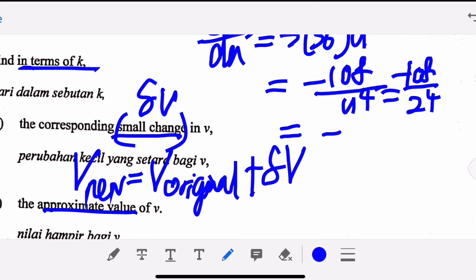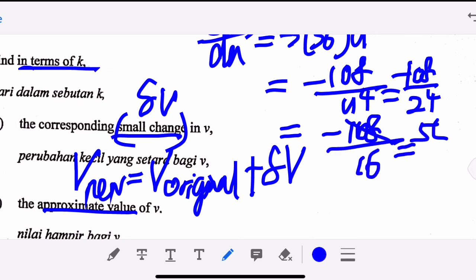You have to simplify to the simplest form. We divide by 4, so we get -27 over 4, right?